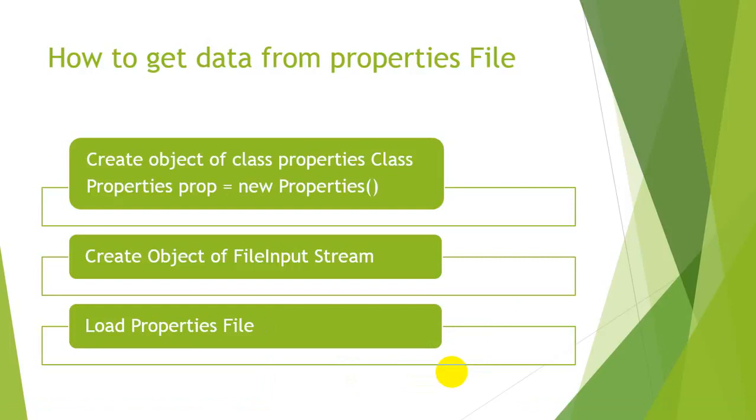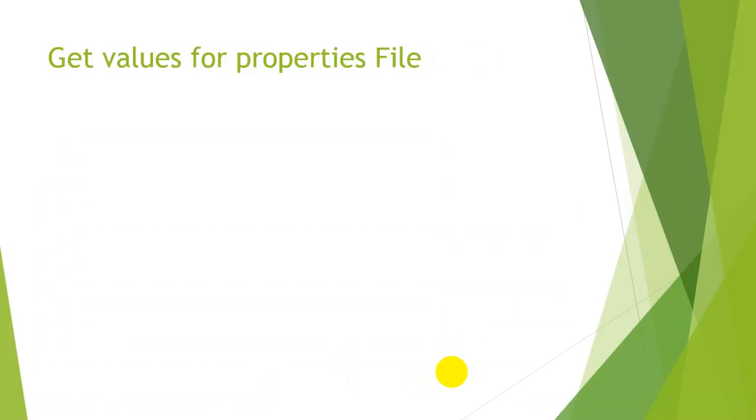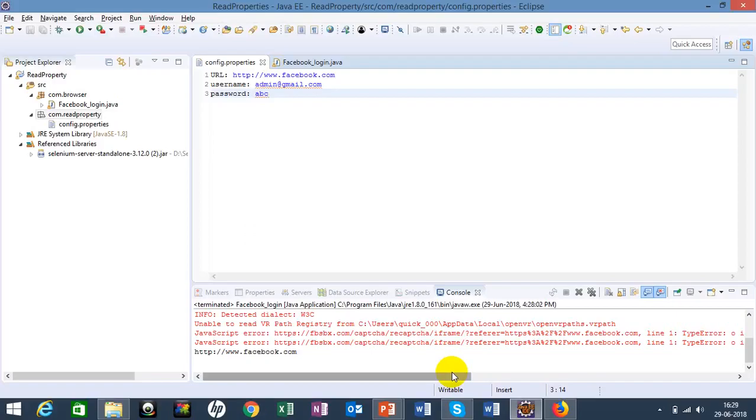Create an object of the Properties class first, then create an object of FileInputStream, and then load that Properties class with the help of the load method. With the help of the getProperty method we can get values from the property file. So this is a very simple program to achieve reading capability from my config.properties file.